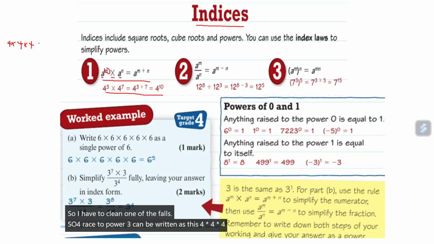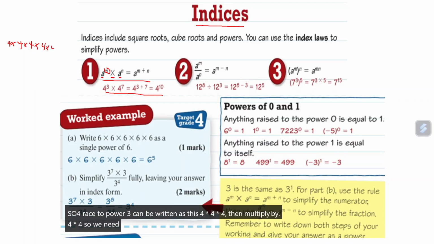Then multiply by 4 raised to power 7, so we need to write the other 4 seven times: 4 times 4 times 4 times 4 times 4 times 4 times 4.